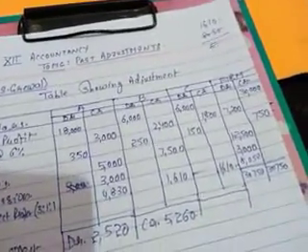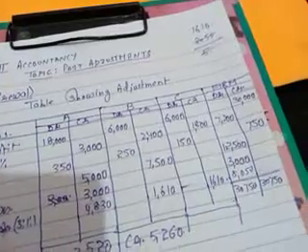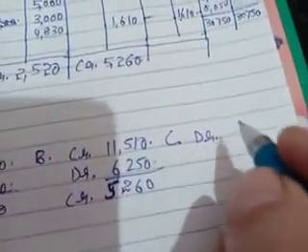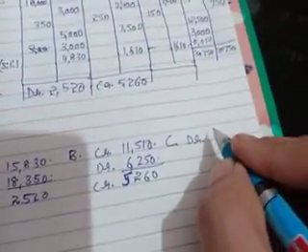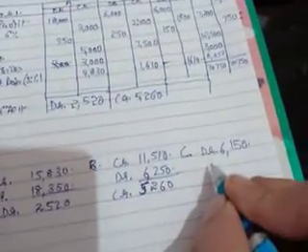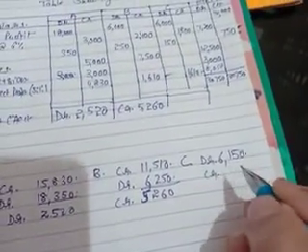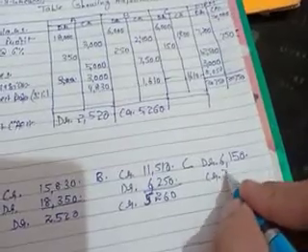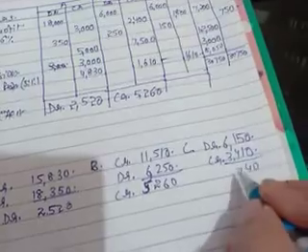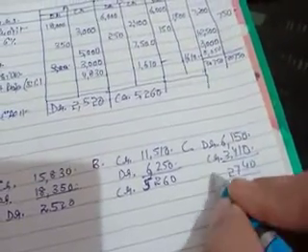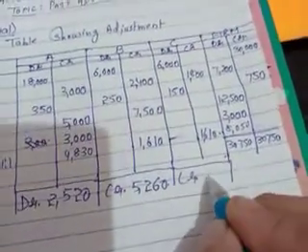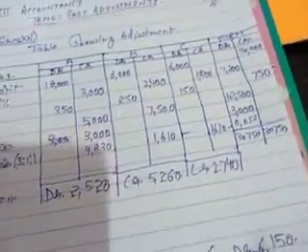Now we will balance C's account. Here debit comes out to be 6,150 and credit is 3,410. So 2,740 credit. So we will put here credit 2,740.